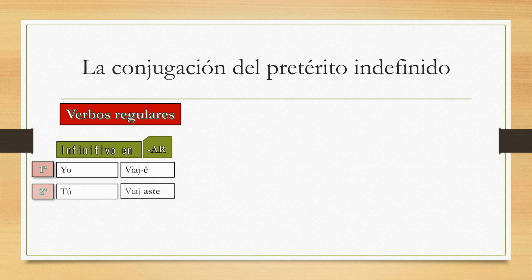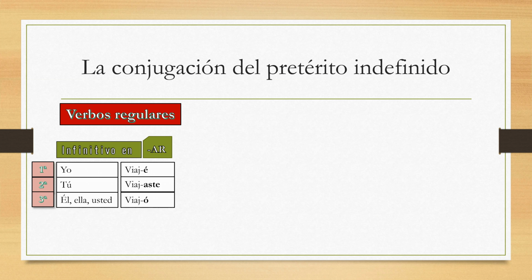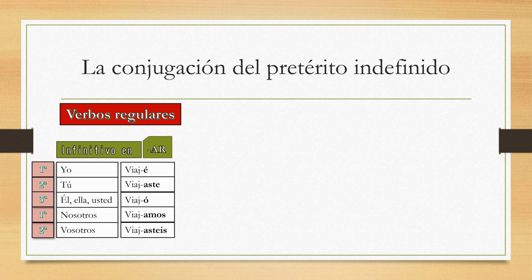Yo viajé, tú viajaste, él viajó, nosotros viajamos, vosotros viajasteis y ellos o ustedes viajaron. The endings: é, aste, ó, amos, asteis, aron. This is going to be the conjugation for verbos regulares en AR.